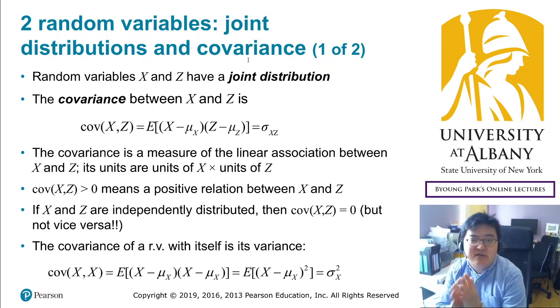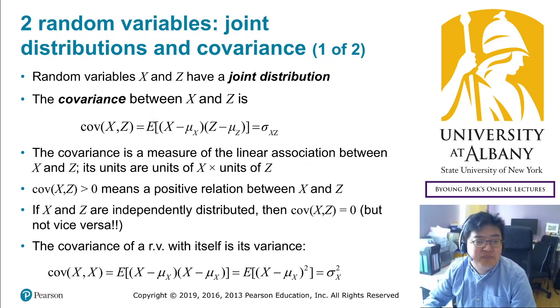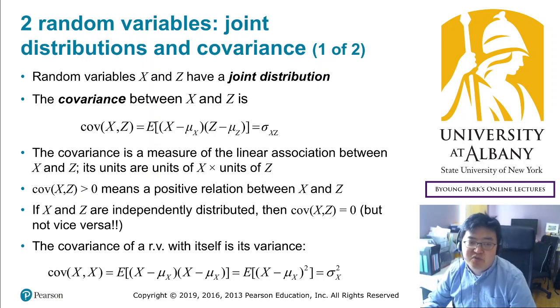And to understand the relationship between random variables, first we have to think about a joint distribution. A joint distribution is simply the distribution that characterizes two random variables at the same time. For example, what is the probability that x is smaller than 0 but z is greater than 1 at the same time?